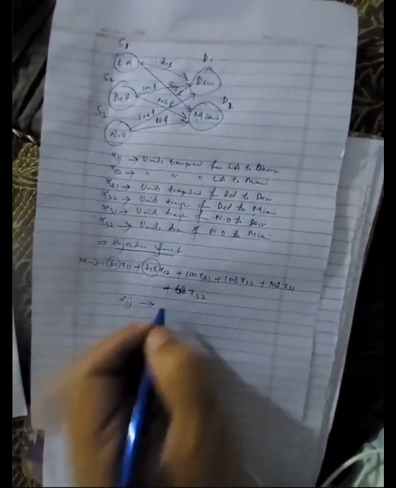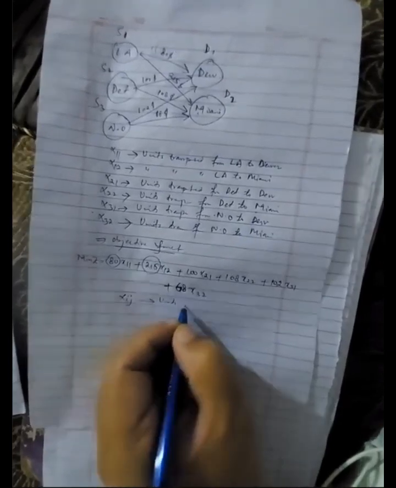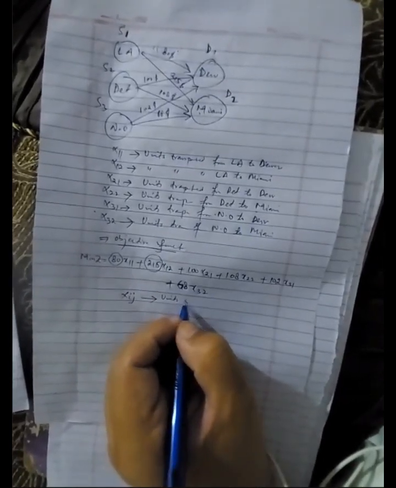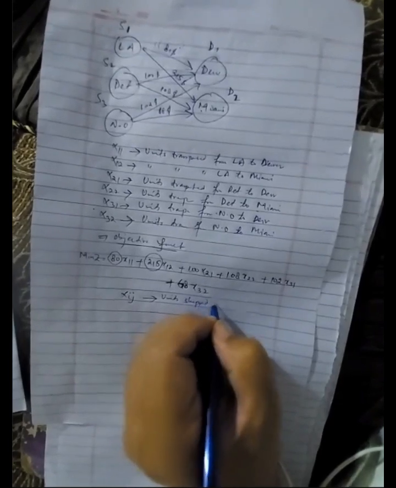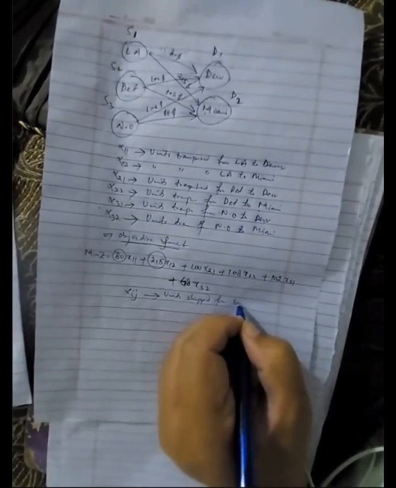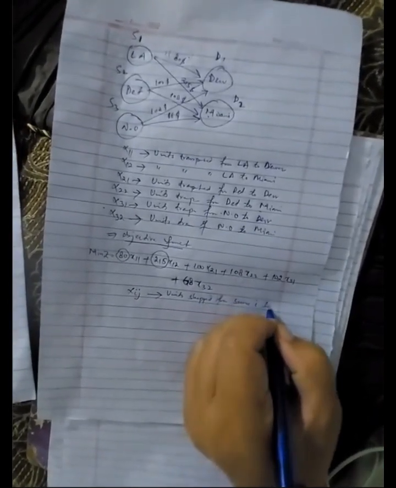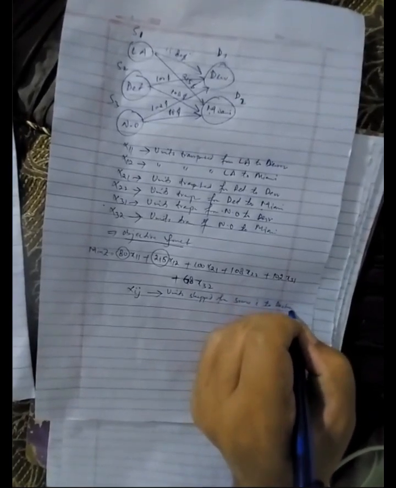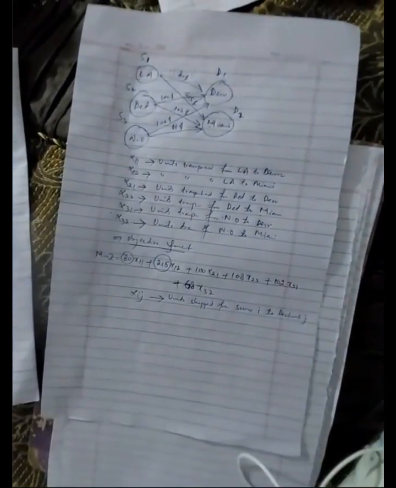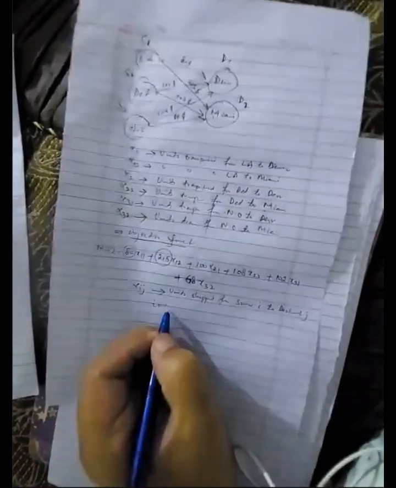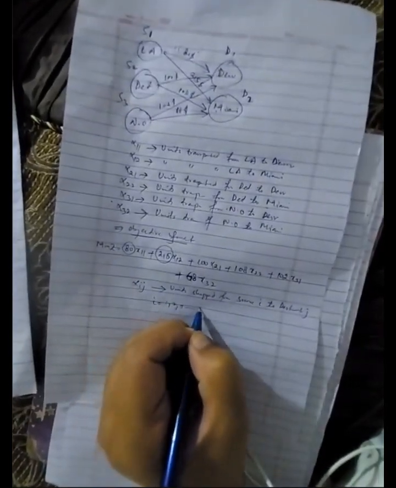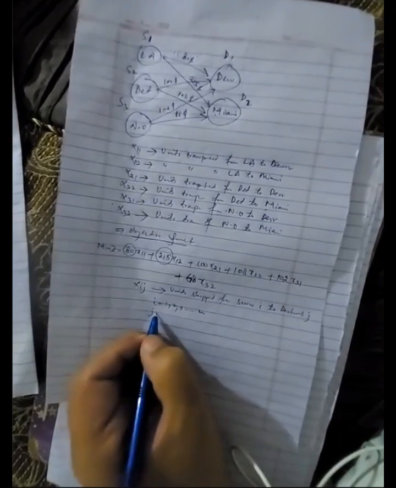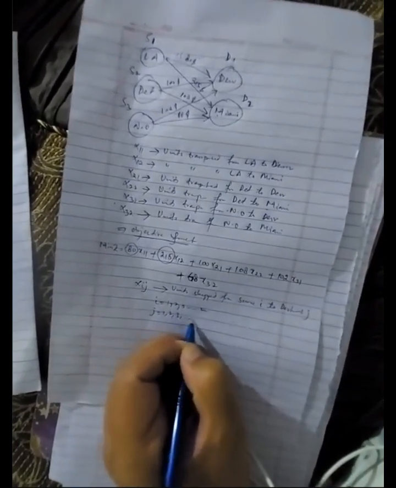Okay, if we want to write it in general notation, Xij is units shipped from source i to destination j, where i is equal to 1, 2, 3 up to m, and j is equal to 1, 2, 3 up to n.